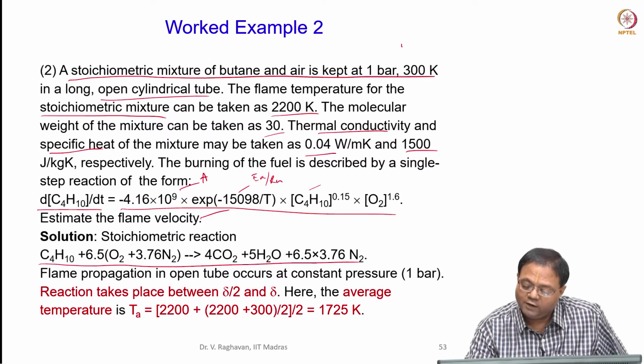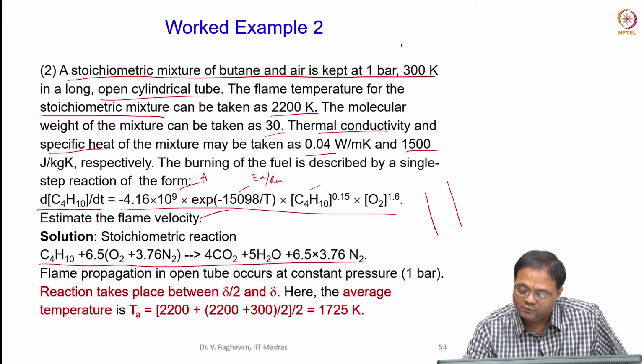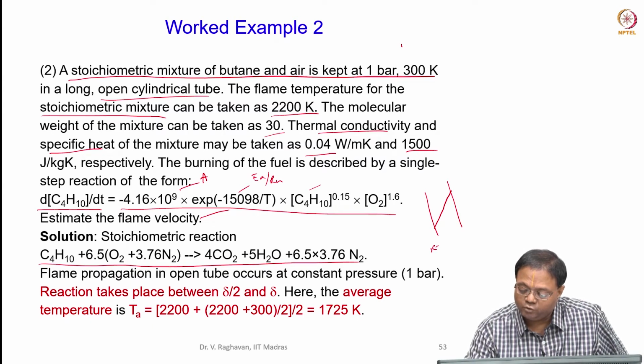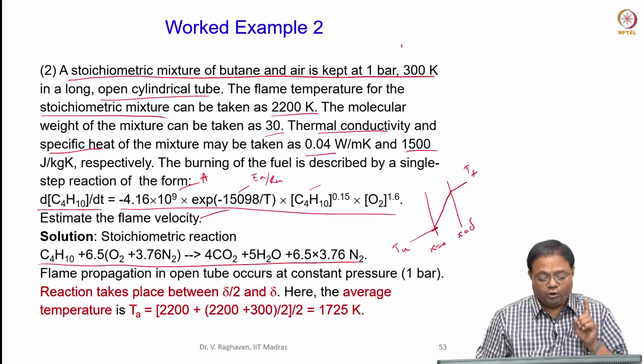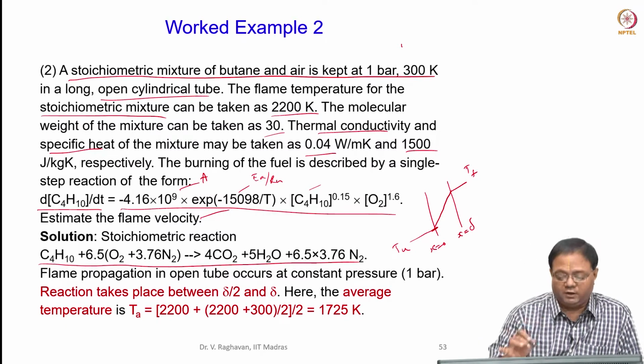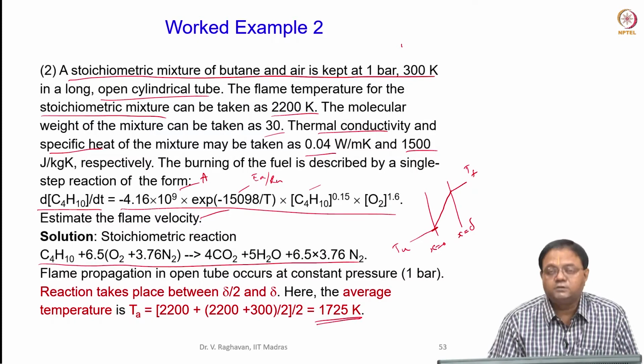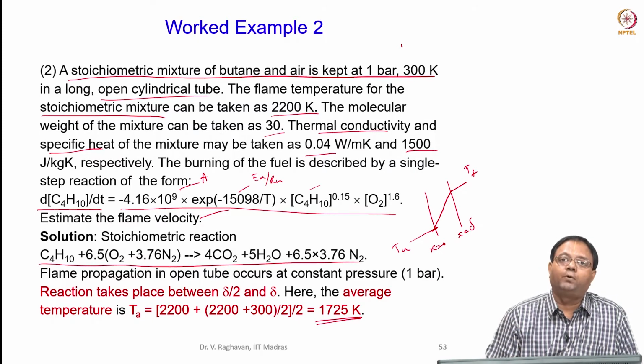Now this is the reaction zone, and in the simplified analysis you use this: x equal to 0, x equal to del, with Tu and Tf, so a linear variation. Please understand that the calculation of temperatures, average temperatures, is very important here.